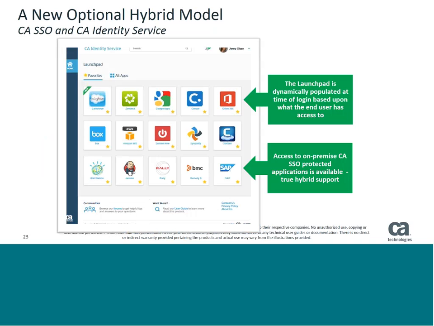And obviously, this ends up being extensible as users are granted access to additional applications. The Launchpad reflects that. So think of this as a tool for simplifying the use and access of applications that are provided through CASSO or through CA Identity Service or through both of them, and represented to the end user in an easy-to-use fashion.